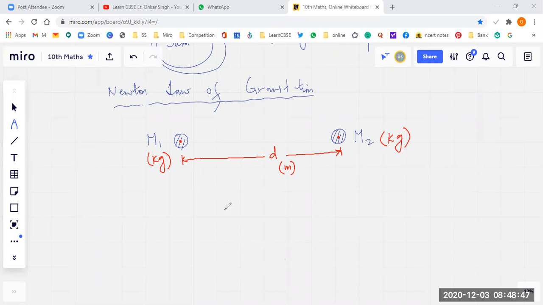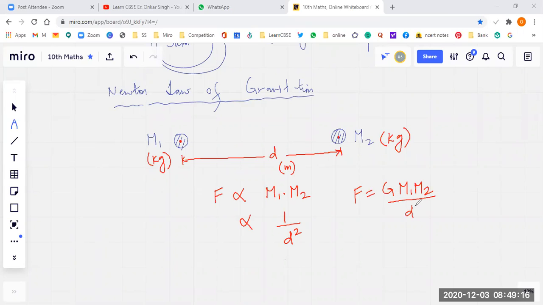And what is the force of attraction? Newton observed that this force of attraction is directly proportional to the product of masses m1 m2 and inversely proportional to the square of the distance between them. This is also known as the inverse square law. Students, we can sum up: F is equal to G m1 m2 divided by d squared, where G is a constant.